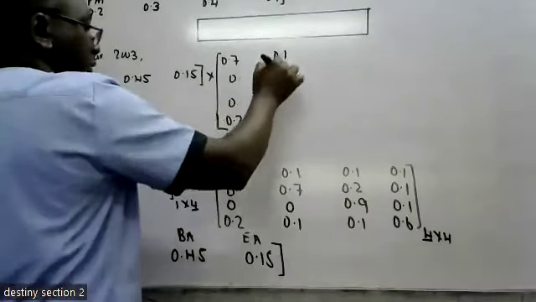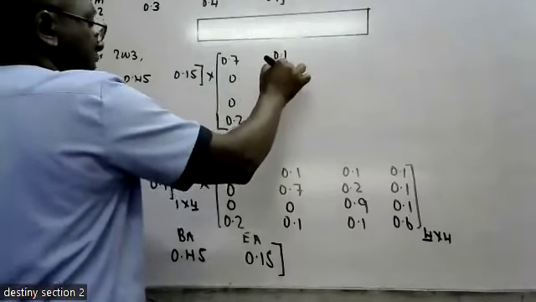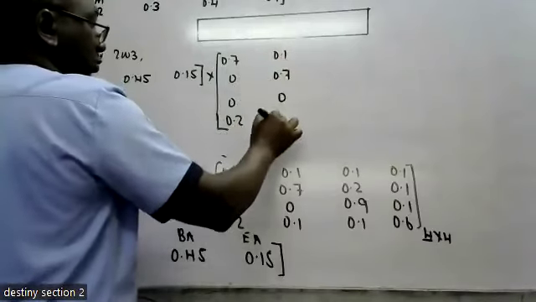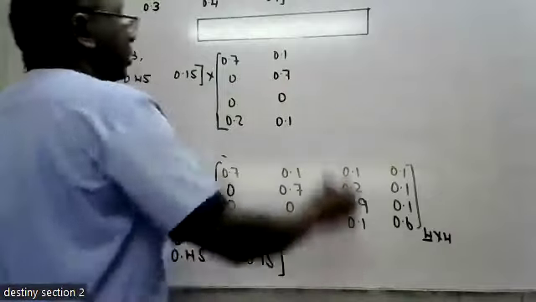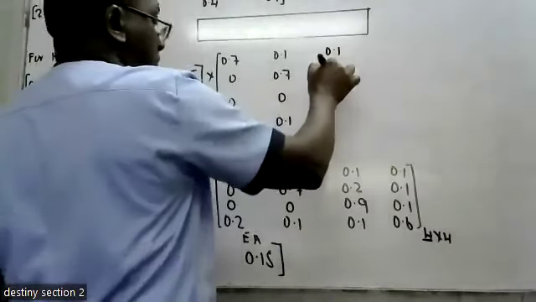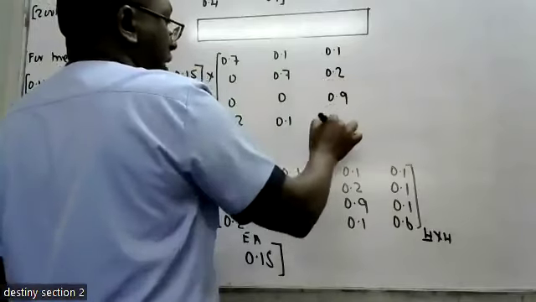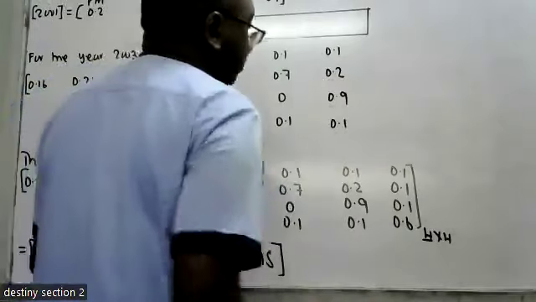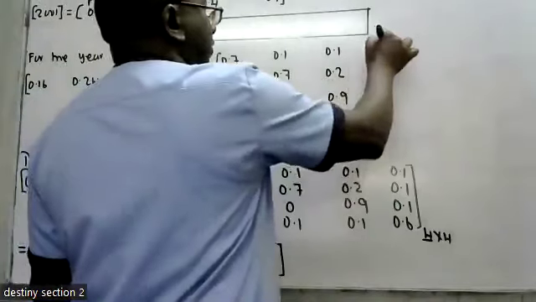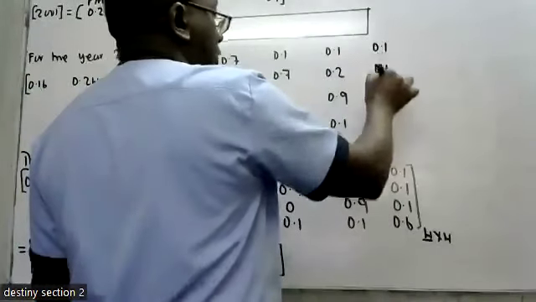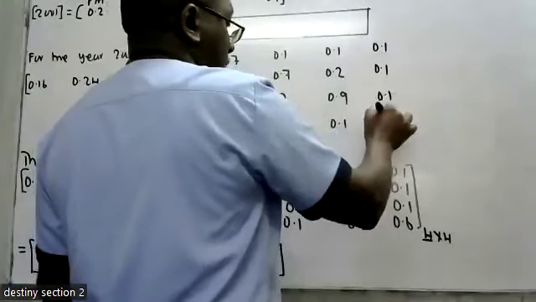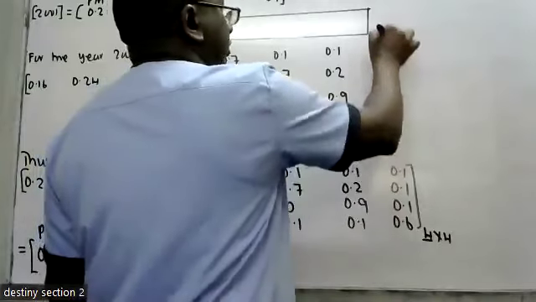Then we have 0.1, 0.7, 0, 0.1. Then we have 0.1, 0.2, 0.9, 0.1. Then we have 0.1, 0.1, 0.1, 0.6.